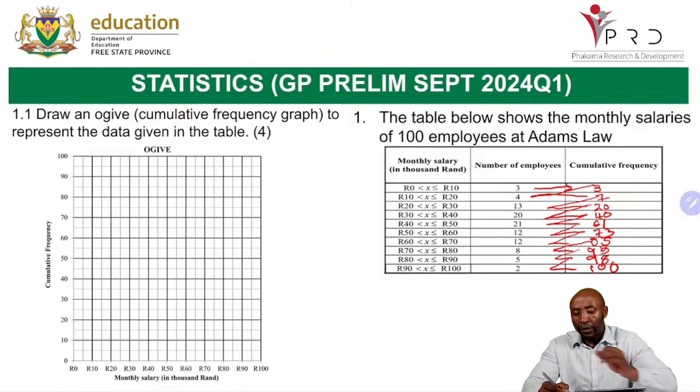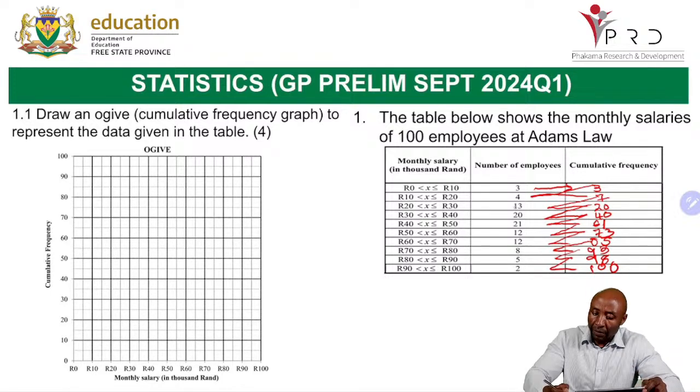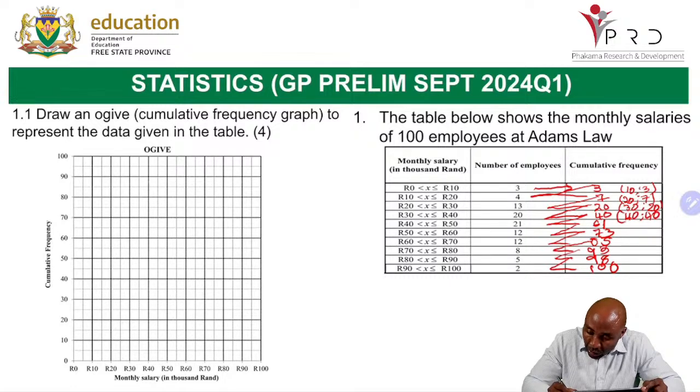And we said, for us to draw our cumulative frequency graph, these are the points that you will plot. You will plot 10 and 3. You will plot our 20 and 7. You plot 30 and 20 using cumulative frequency, 40 and 40, and so on and so on.